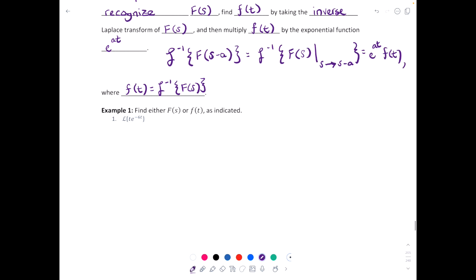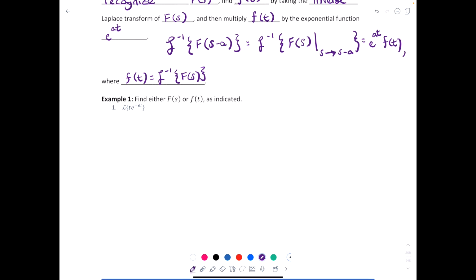So first example, find either capital F at s or f at t as indicated. Here we go. The first one, we have the Laplace transform of t times e to the negative 6t. So why don't we look at what we were just working with?